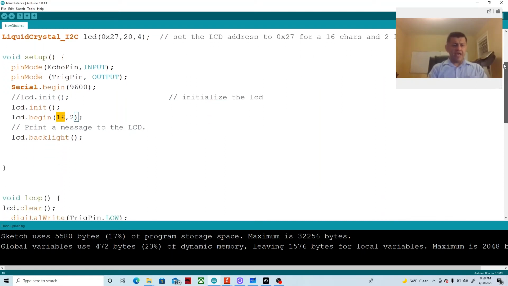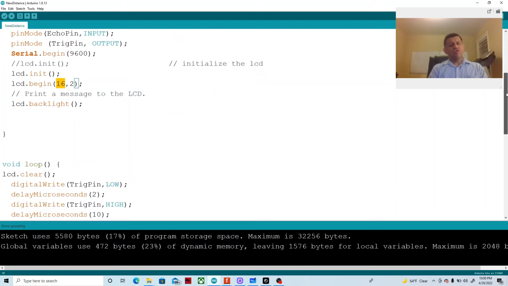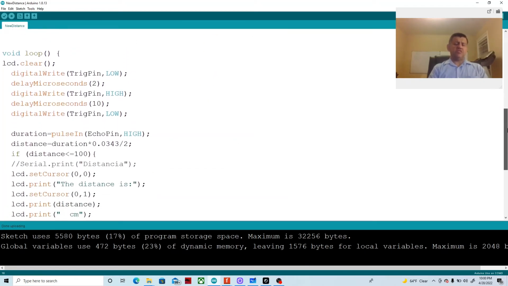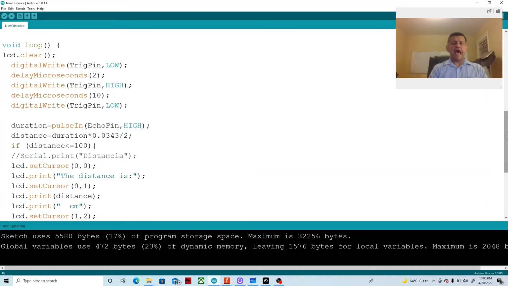Okay, so then we actually turn on the light, the LCD backlight. So then we come to the void loop. This is where the action is happening.